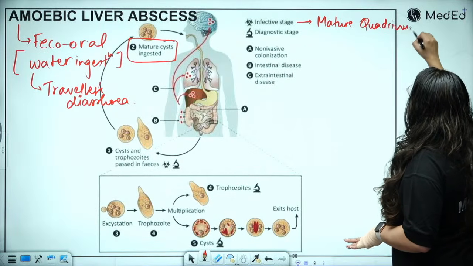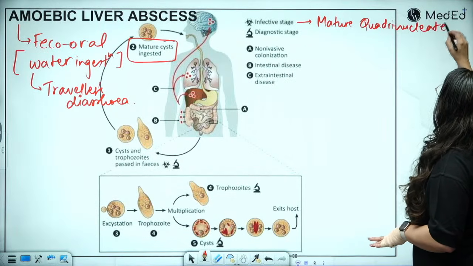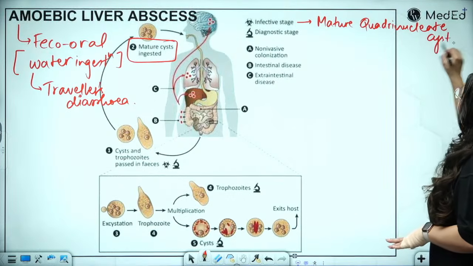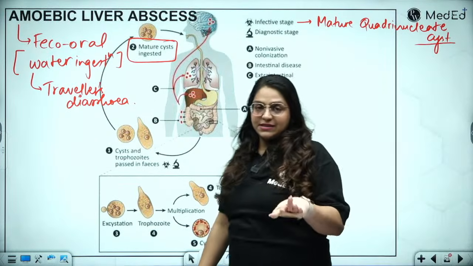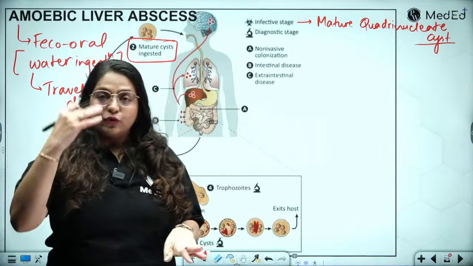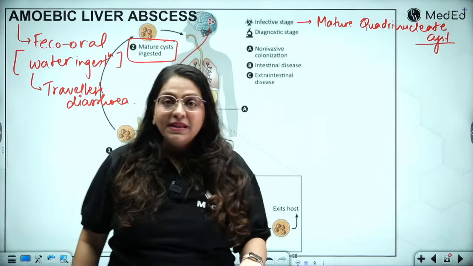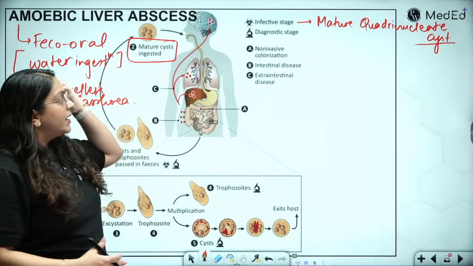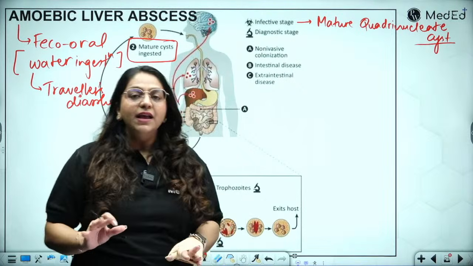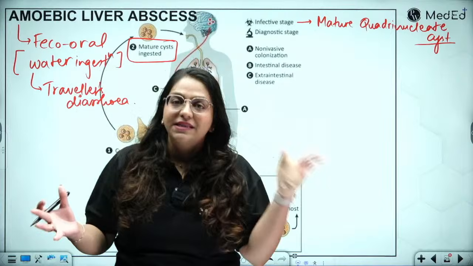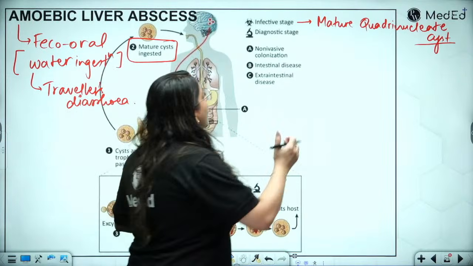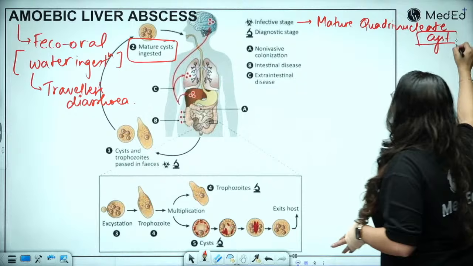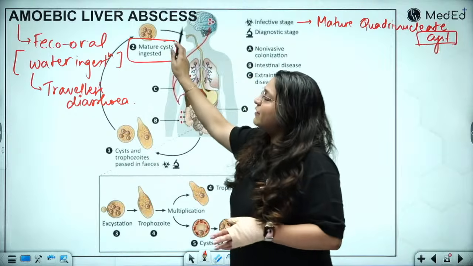You know that all protozoa either exist in the trophozoite stage or in the cyst stage. All protozoa make trophozoite and cyst, and all helminths make adults, larvae and eggs. Since this is a protozoan parasite, there will only be a trophozoite and a cyst. The mature quadrinucleate cyst is what is going to cause infection in us.